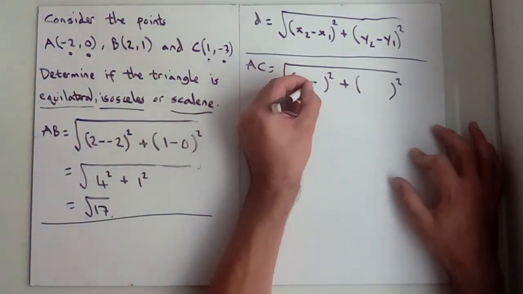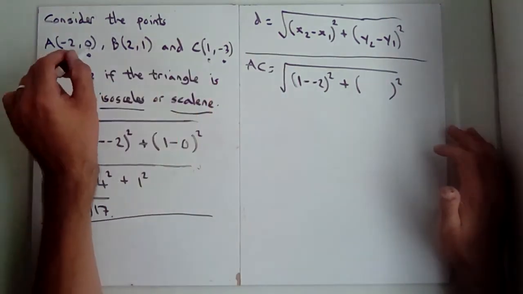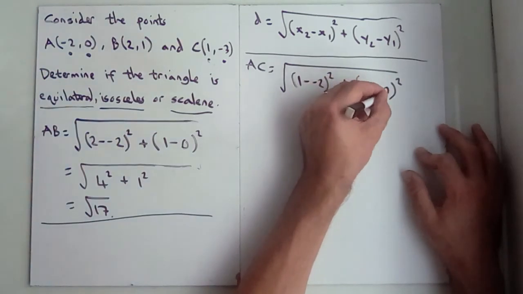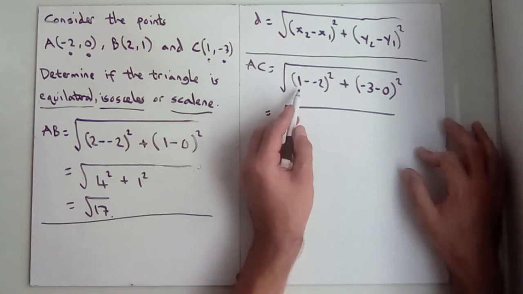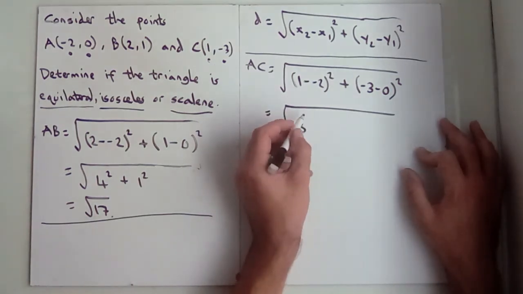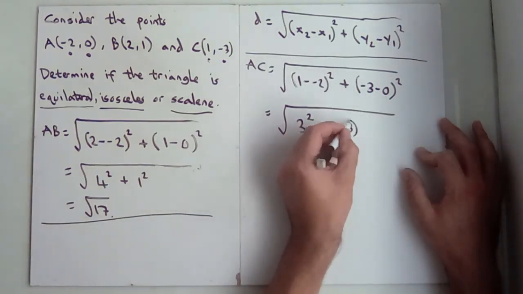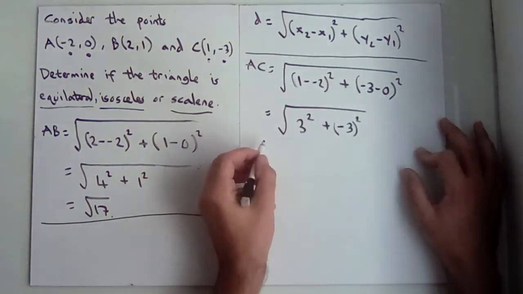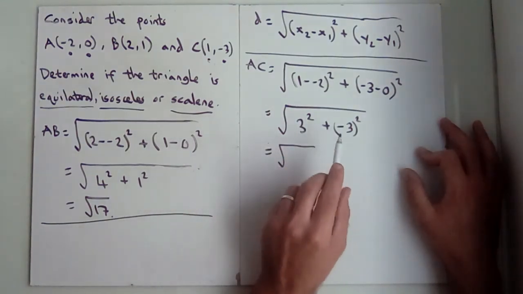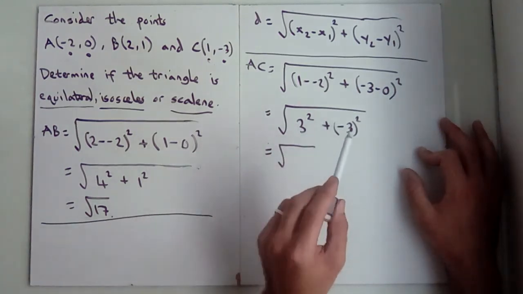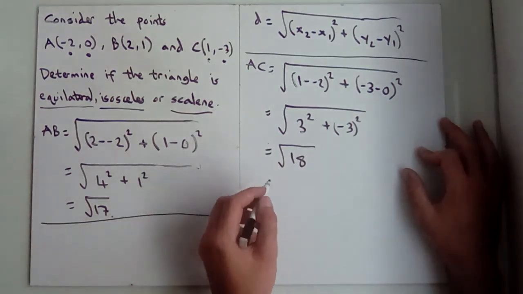For the y's, it's going to be -3 minus 0. 1 minus -2 is the same as 1 plus 2, which is 3, and then we square it, plus -3 minus 0 is still -3, and then we square it. So 3 squared is 9, and -3 squared is also 9, because it's -3 times -3. 9 plus 9 is 18, so this is root 18.